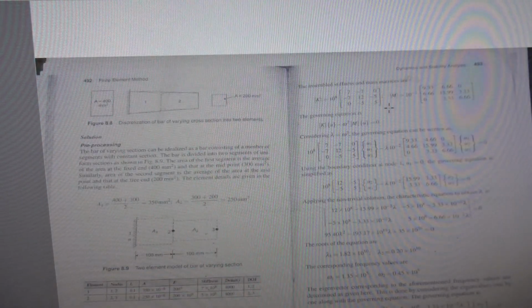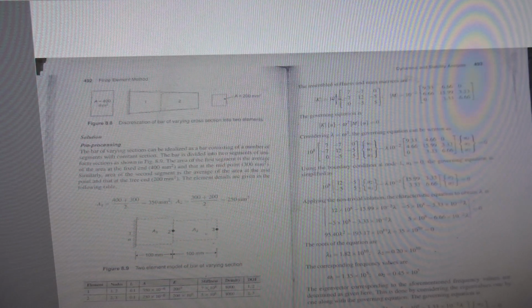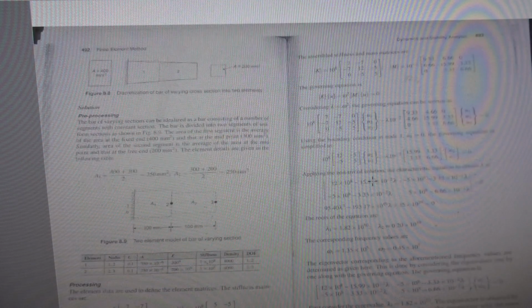When you write these equations, K in assembled form and M in assembled form, use K U minus omega square M U is equal to 0. Using this property and the boundary conditions, you will get the governing equations.